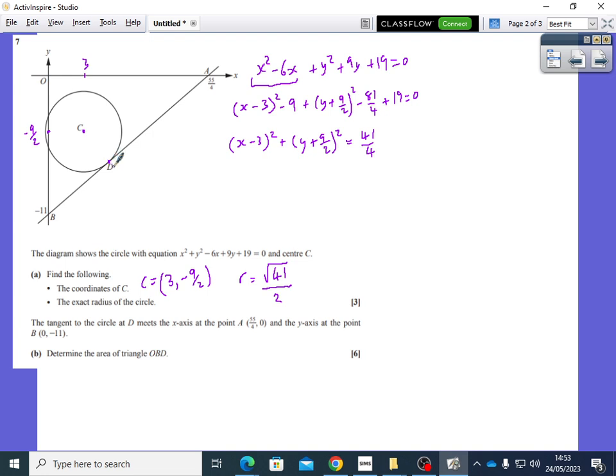So before I do anything, I need to find the point D. The way to find the point D is, first of all, I know how to work out the equation of this line here, which is a tangent to the circle, and I know that this is perpendicular to that. And I know the center point, which is 3, minus 9 over 2.